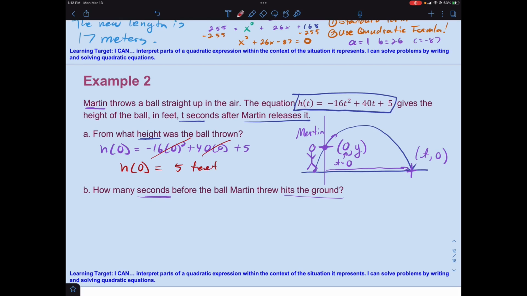Now to find how many seconds before it hits the ground, well, that one is going to be a height of 0. When it hits the ground, it is 0 feet above the ground. So this one we're going to set our equation equal to 0, and we have to solve it.